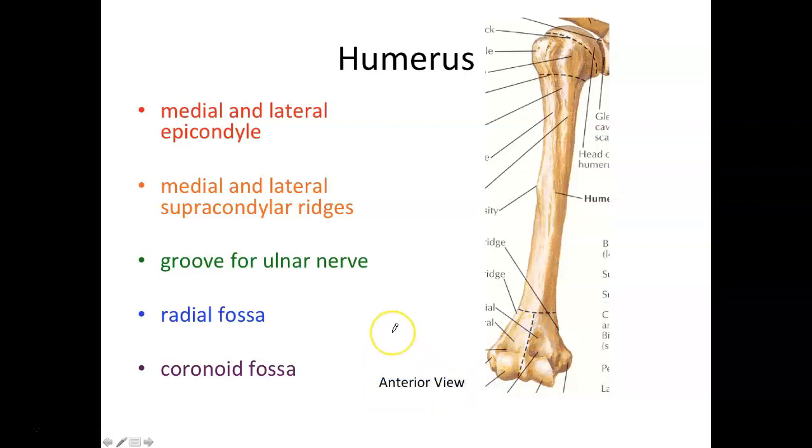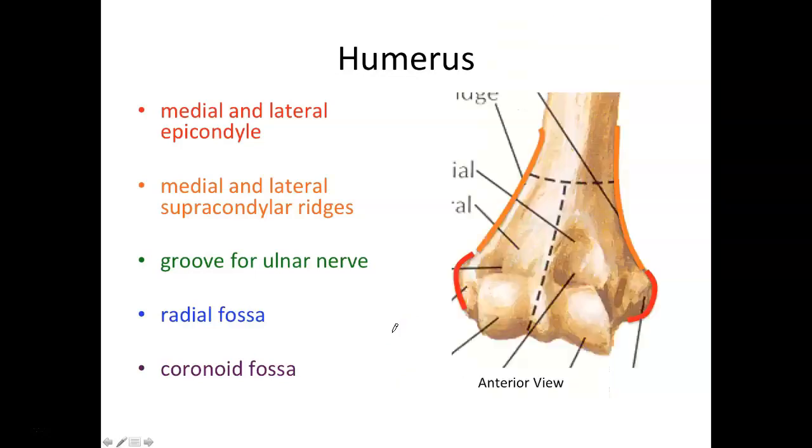Okay. So on these condyles, we can also have epicondyles. Epi means upon or on. So this is just a mark on the condyle. So I've zoomed in here for you to see a little bit better. Here's our lateral epicondyle, and this is our medial epicondyle.